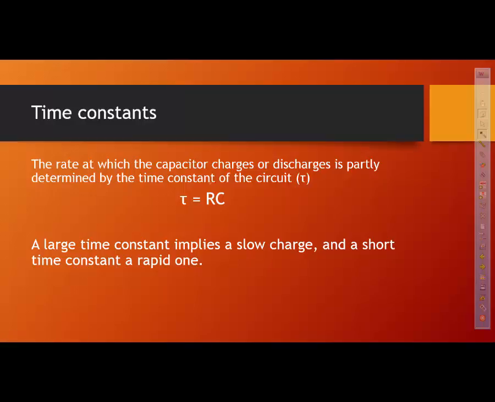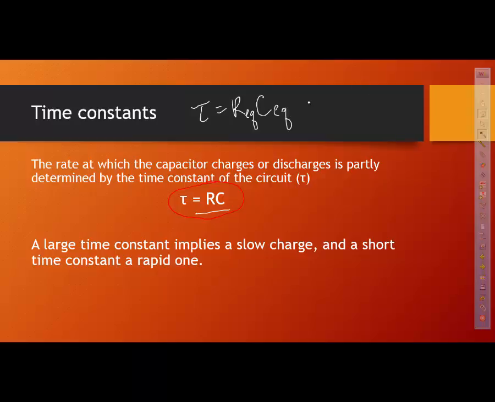The rate at which all of this happens is determined by something called the time constant. The time constant is the resistance times the capacitance. This really should be equivalent resistance times equivalent capacitance, because you need to take into account all of the resistors and all of the capacitors that may be in the circuit.